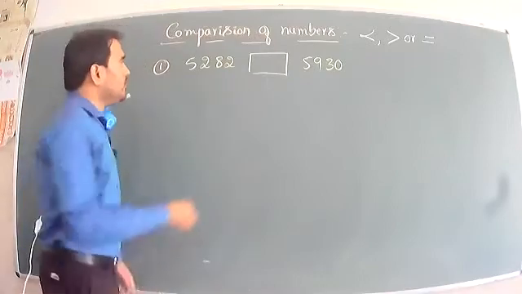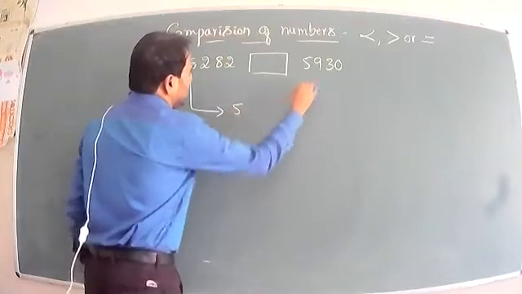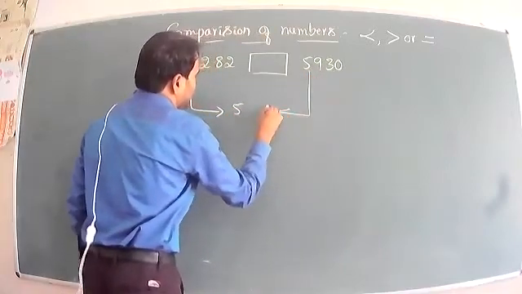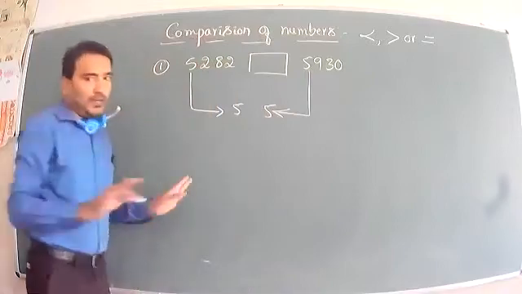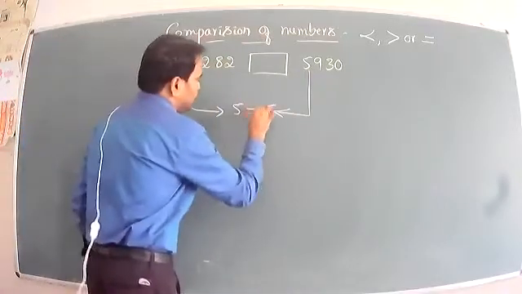Now start from the thousands. Here the number is 1005, and here the number is 1005. So the thousands are equal, and we use the equal symbol.